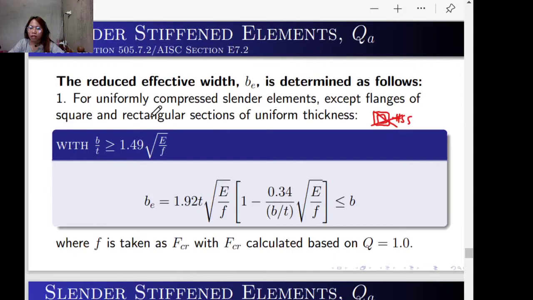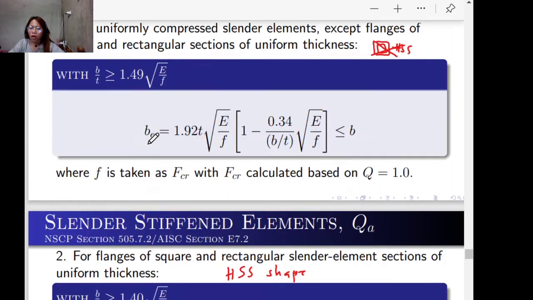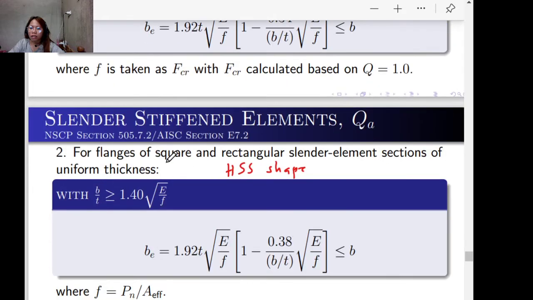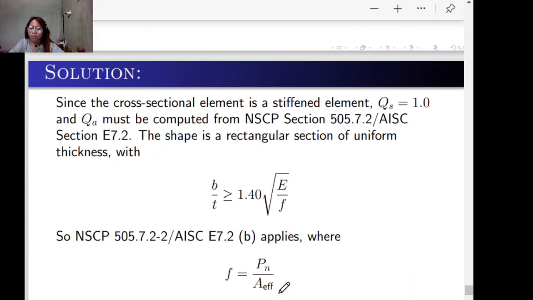And also in here, for Q sub A, there is a provision for flanges of square and rectangular sections of uniform thickness. Use b sub e, the reduced effective width, with this formula. So first, Q sub S is already equal to 1.0, and Q sub A, we have to compute, no?